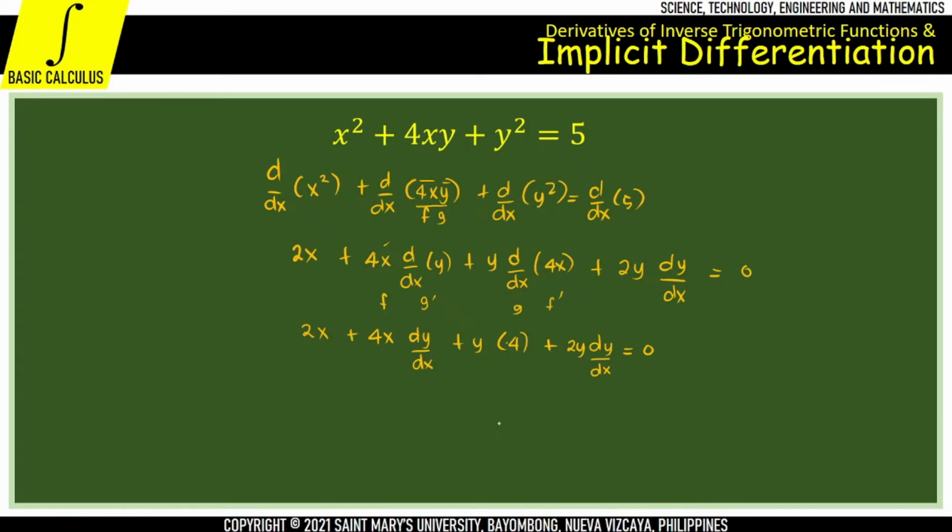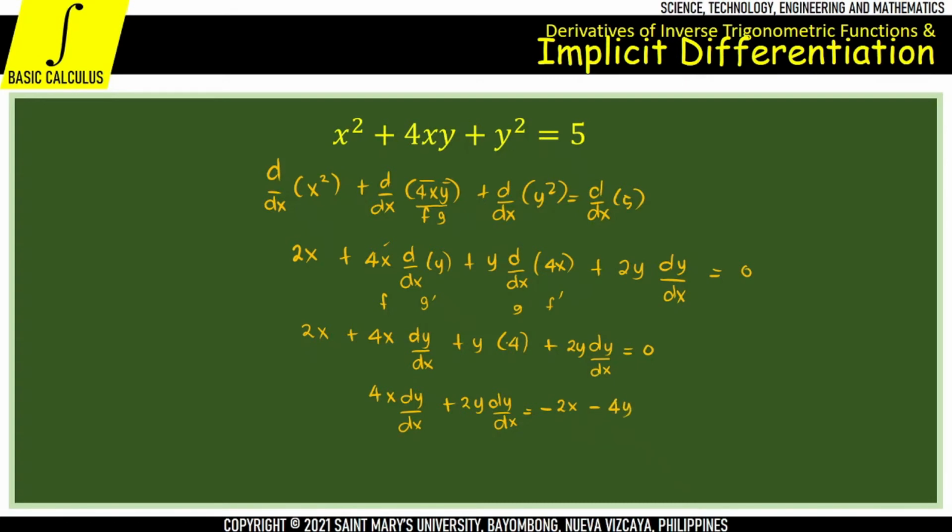Okay, next, combine all terms. Lahat ng terms with dy/dx sa left, all other terms sa right. So we have 4x dy/dx plus 2y dy/dx, and all other terms: we have negative 2x, and of course 4 times y is positive 4y, transpose we have negative 4y.